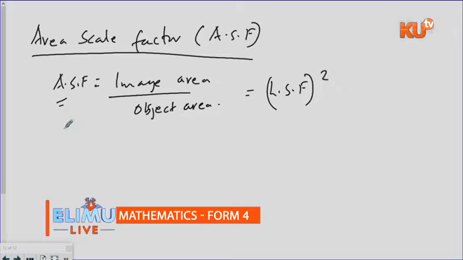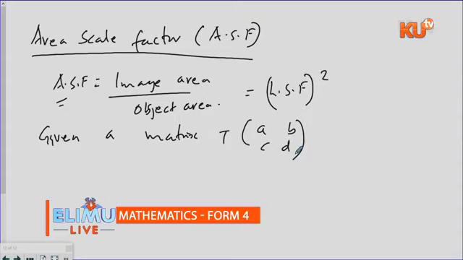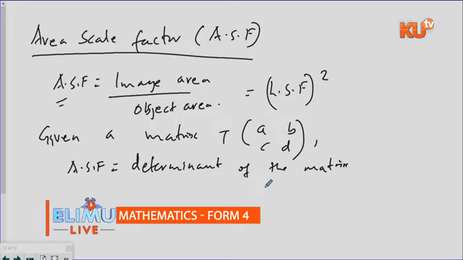So in this case, if we have the matrix of transformation, given a matrix T, A, B, C, and D, then the area scale factor is the determinant of the matrix. When you get the determinant of the matrix, it will be equal to the area scale factor, which is the image area over object area.